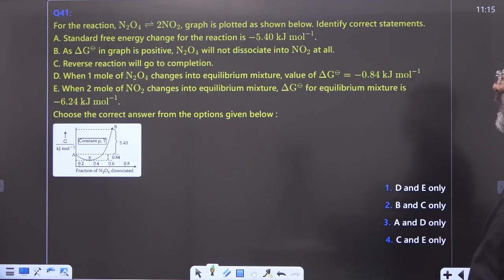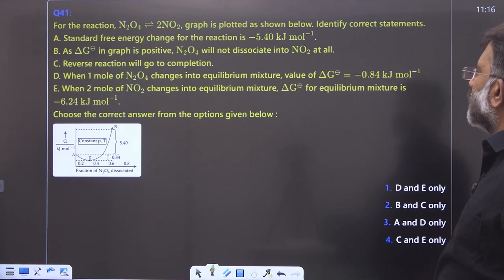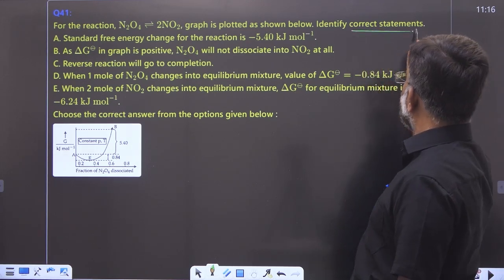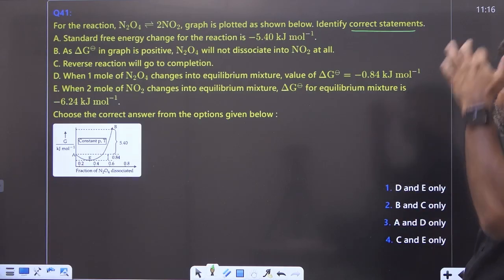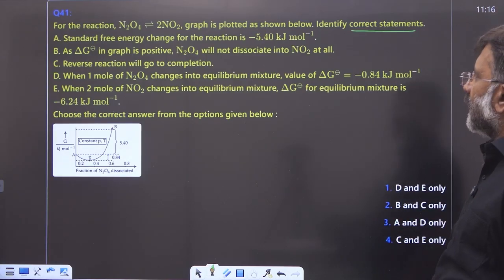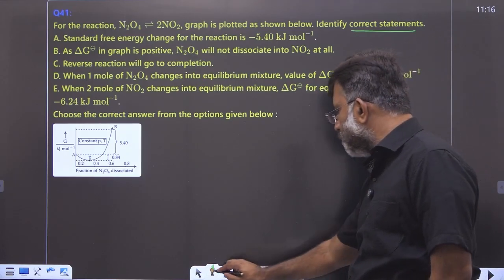41. For the reaction N2O4 giving 2NO2, a graph is plotted as shown below. Identify the correct statements. First one, the standard free energy change for the reaction is minus 5.4 kilojoule per mole.